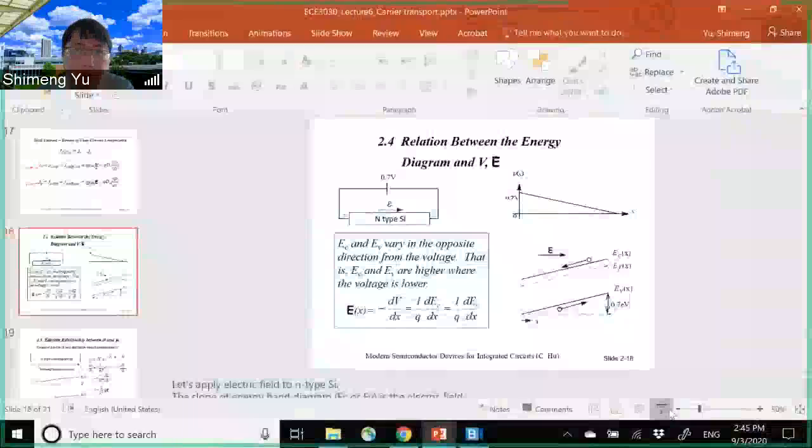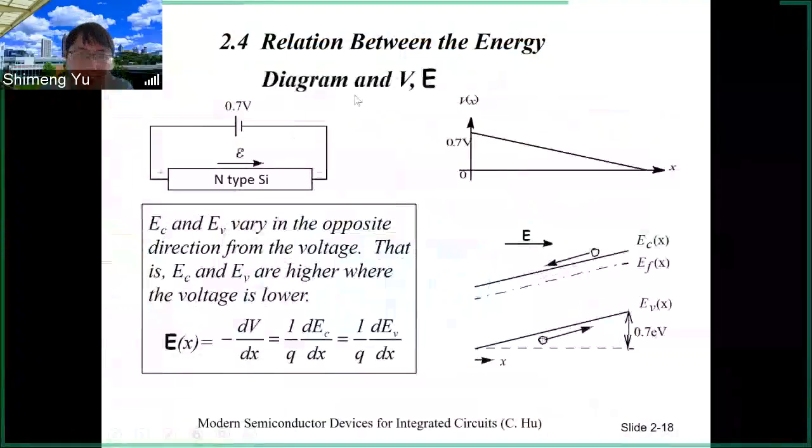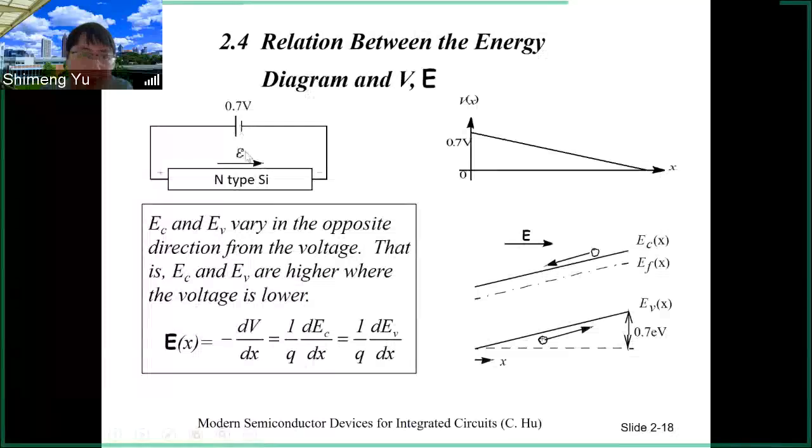Okay, so let's talk about the drift under the external electric field. So here, think about this N-type silicon, and we apply voltage across that. So apply positive voltage to the left, and then we ground the right.